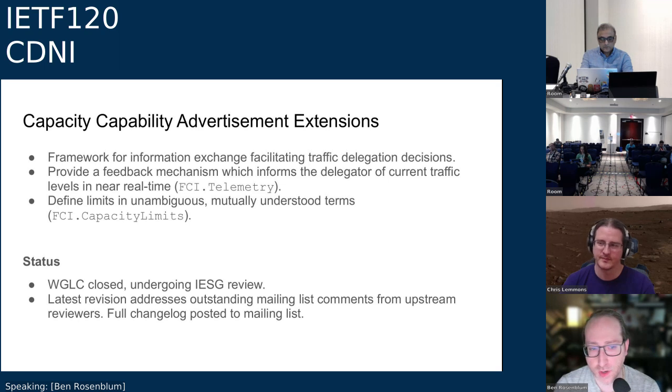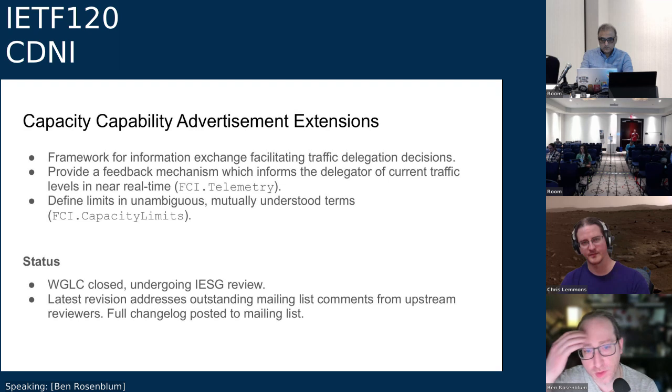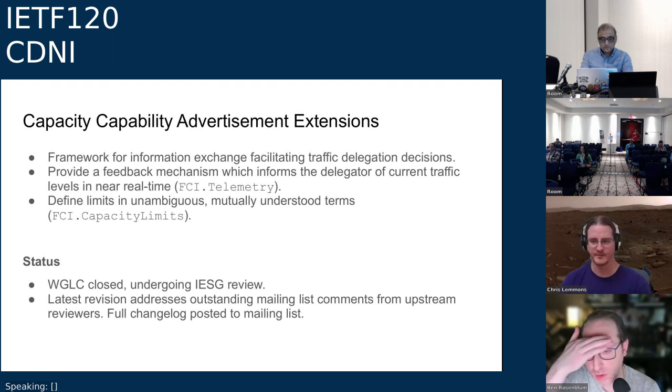The latest draft, I believe, should address all comments that were outstanding from the mailing list, with the exception of the telemetry source types registry comment from, excuse me if I mispronounce the name, Karsten Bormann, who pointed out that we discuss a registry of telemetry source types but do not include it in the IANA section.